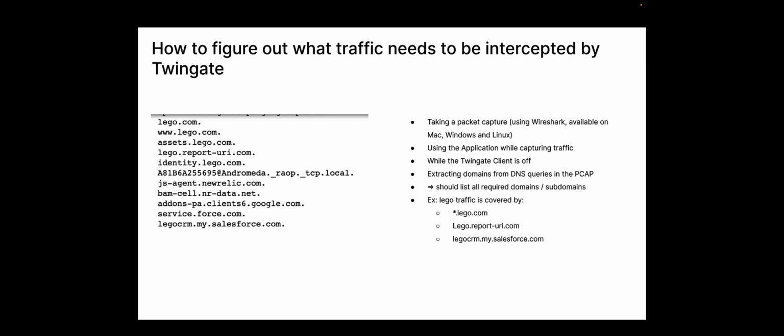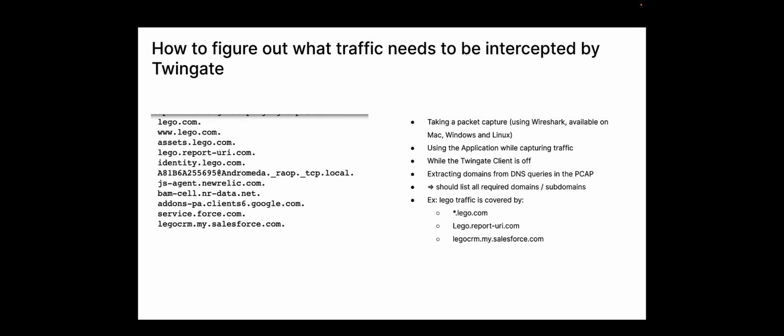So use Wireshark to take a packet capture to see what comes out of your client. Deactivate DoH, or DNS over HTTPS, if you have it, so we can see. Wireshark captures your DNS queries from your computer to the application in the backend. And then once you've established a connection outside of Twingate, right? So don't turn the Twingate client on, keep it off.